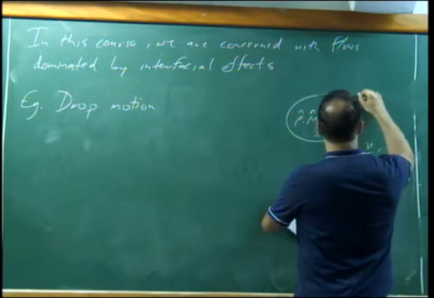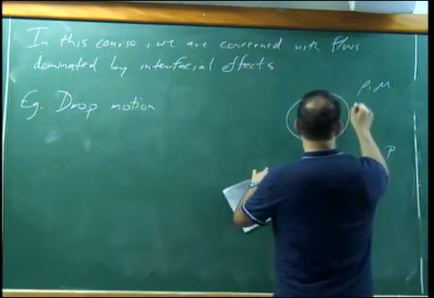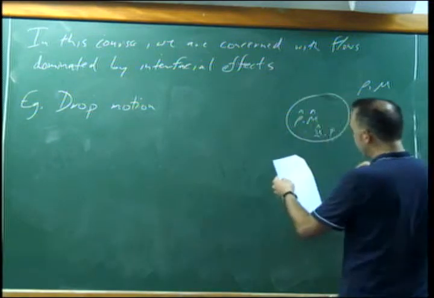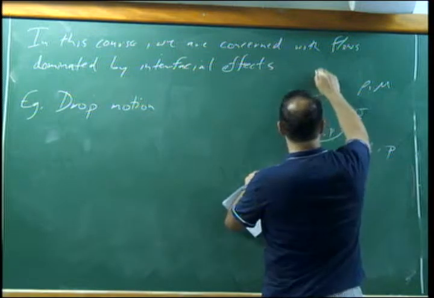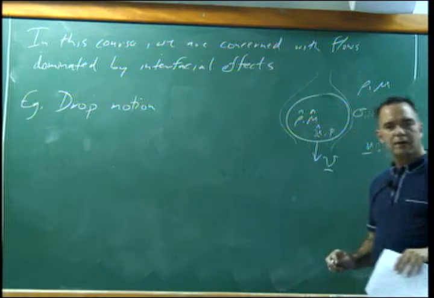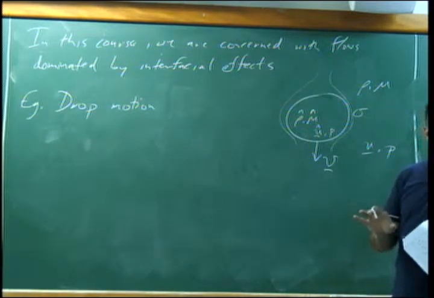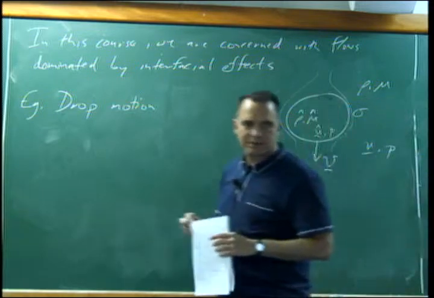And we have a second phase of fluid with different properties, and we have an interfacial tension at the surface. Let's say this is moving at a speed u. Then we need to know what the boundary conditions are at the surface of the drop. So we basically have two fluid domains, and we have to match them together through interfacial boundary conditions at the surface.